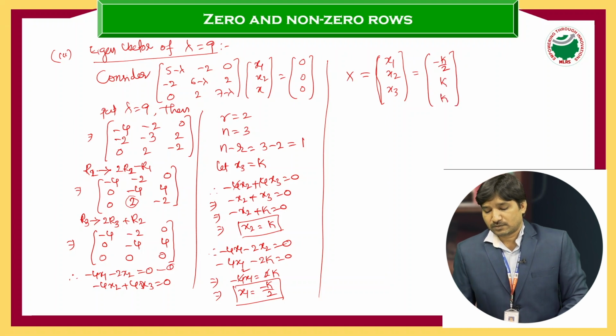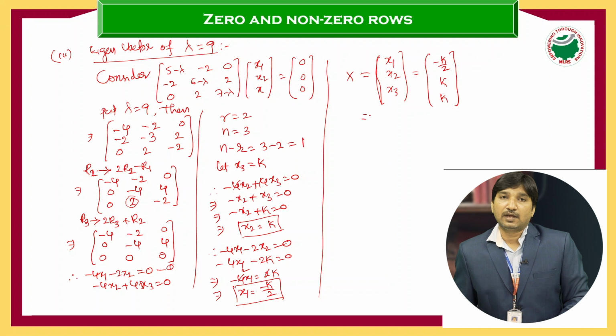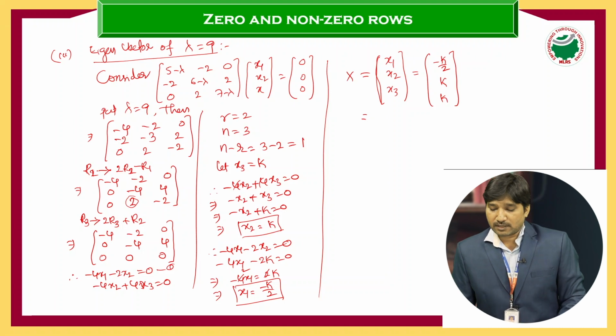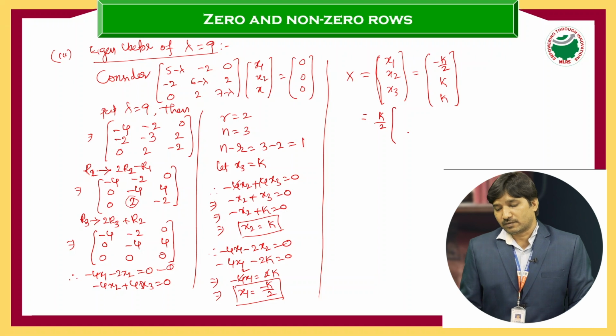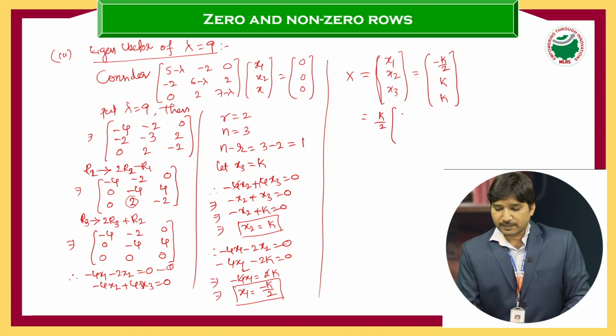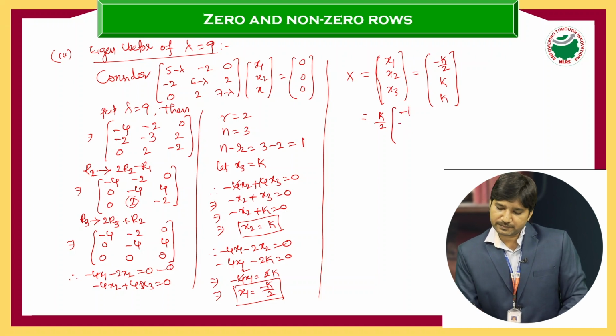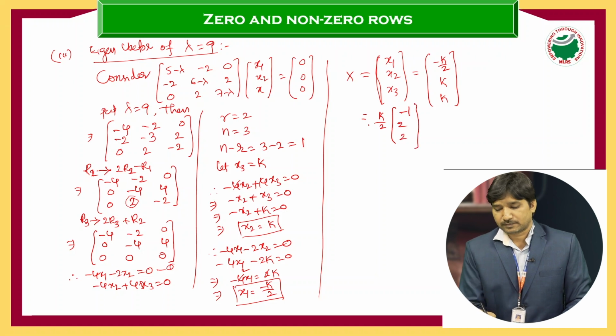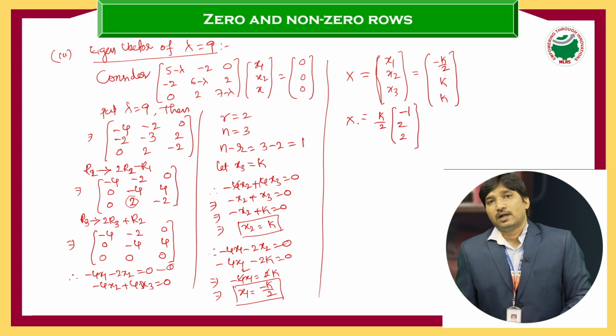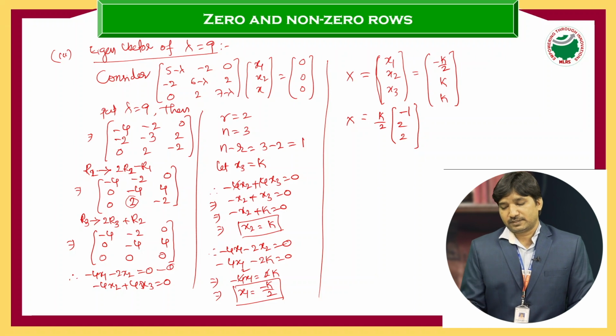Now I take k by 2 as a common factor because we do not want fractions in the eigenvector. Taking k by 2 as the common factor, the vector becomes minus 1, 2, 2.